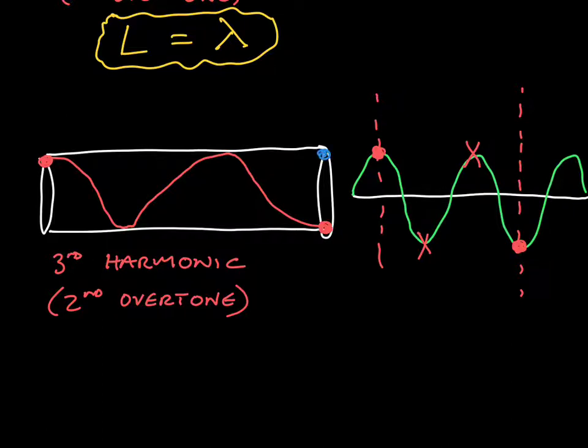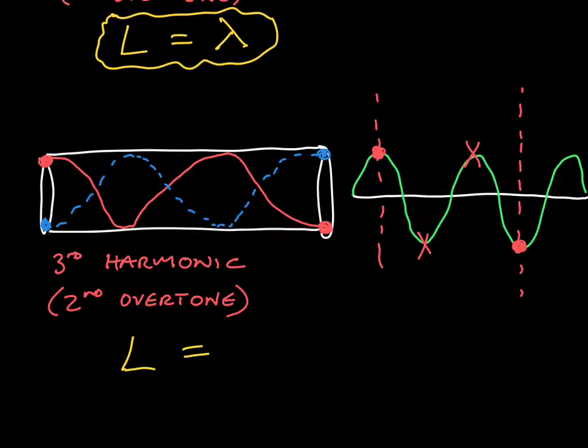And when we sketch the opposite of this, it's going to look something like this. Now, the important thing to realize here is, again, what is the relationship between the length and the wavelength?